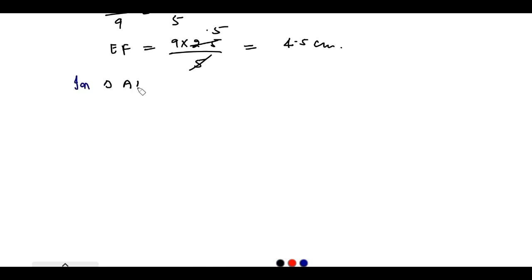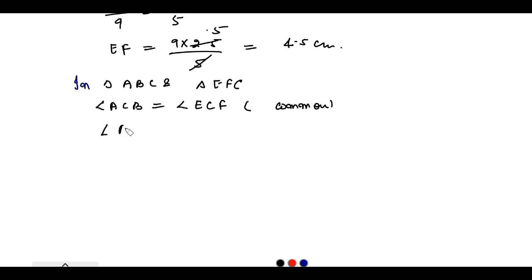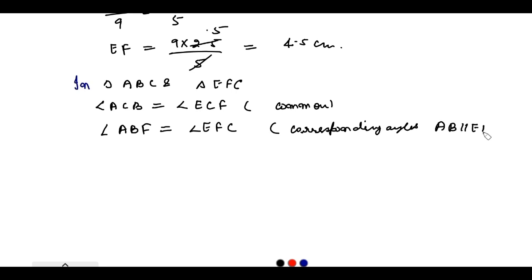In triangle ABC and triangle EFC, angle ACB is equal to angle ECF, common angle, and angle ABC is equal to angle EFC, corresponding angles, because AB is parallel to EF.